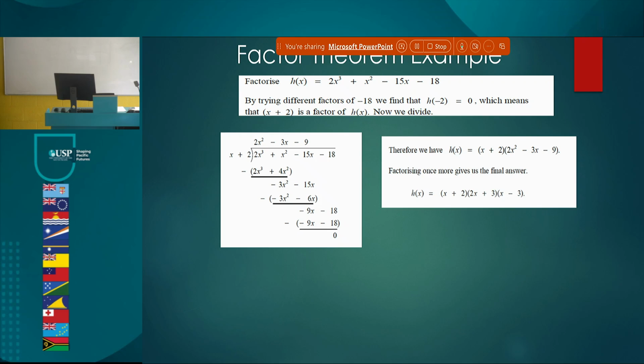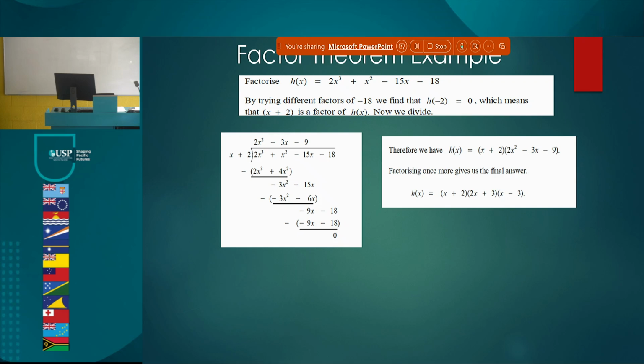Now, this is always coming in the test and final exam. You are given a cubic function, and you're asked to factorize it. Let's go through the steps quickly. Firstly, use the factor theorem to find the first factor. How do you do that? Substitute the factors of the constant term.